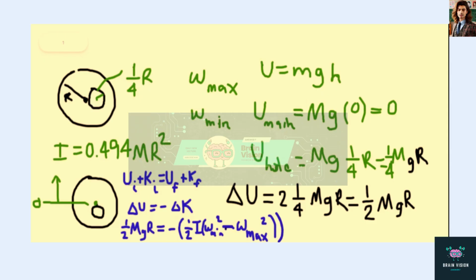So 1/2 I omega squared, 1/2 I omega squared. The halves are going to cancel out.